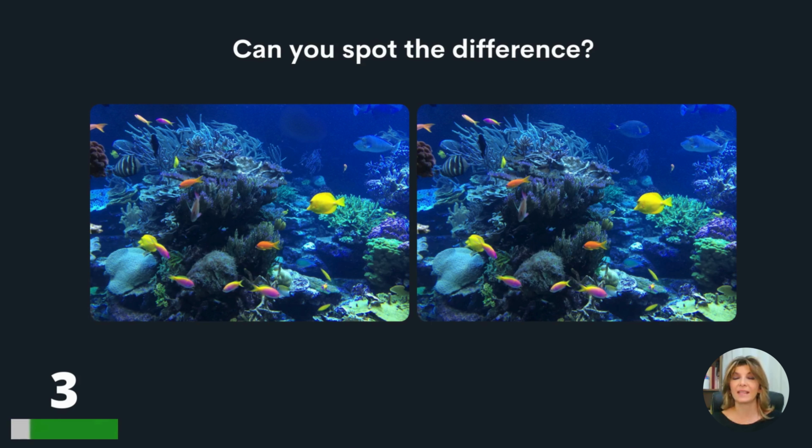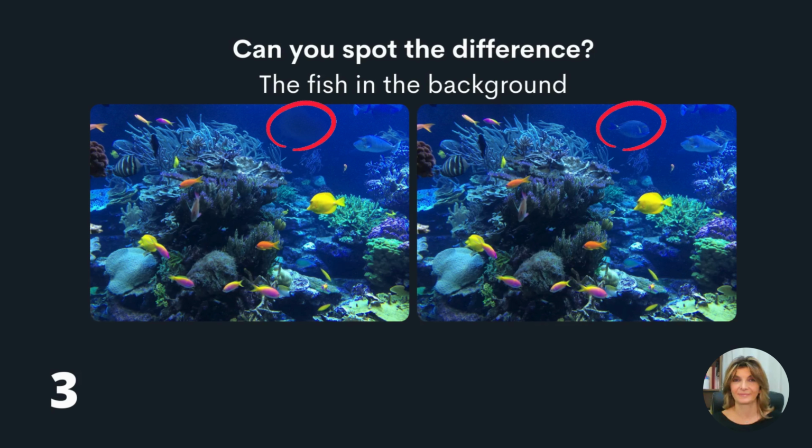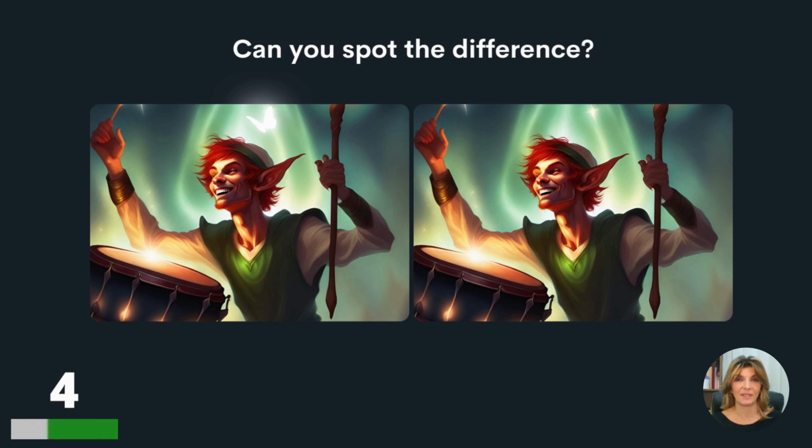Can you spot the difference in this picture? The fish in the background is the difference. And question 4, can you spot the difference here?